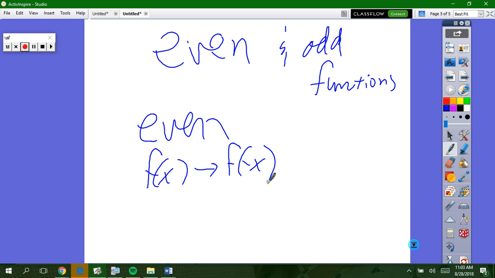And if it is an even function, after you replace it with a negative x, you will get the exact same function. Okay? Can anybody roughly think of a function that I can replace the x and then come back and be the exact same thing? What's the function that we can do the exact same thing by just replacing the x with negative x? Absolute value of x. Okay, let's check that out. Okay, so absolute value of x.